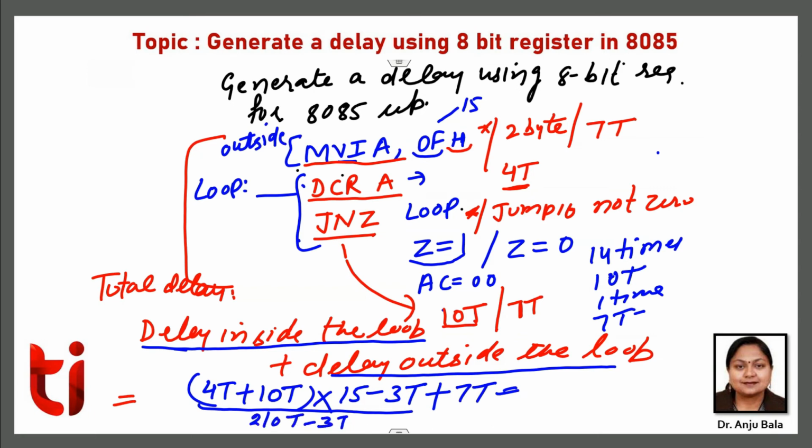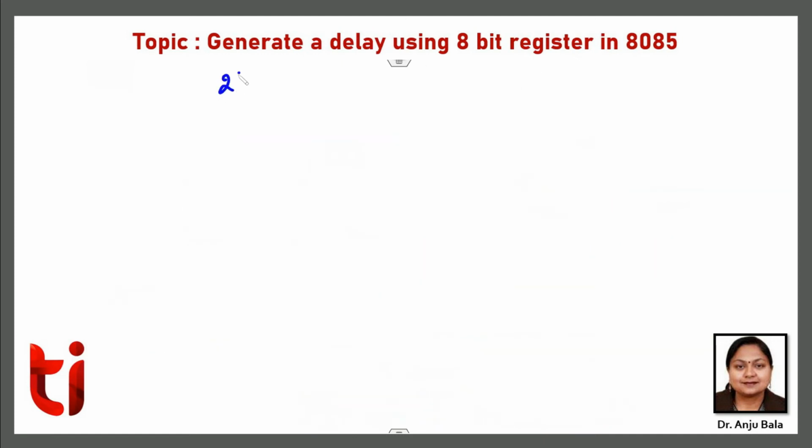To calculate the total delay, that is equivalent to the delay inside the loop plus the delay outside the loop. These are the T states required to generate a delay using an 8-bit register.